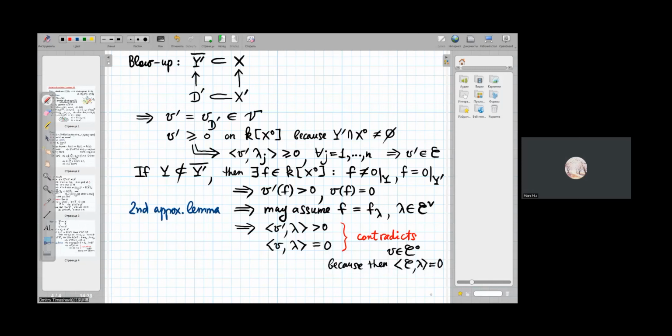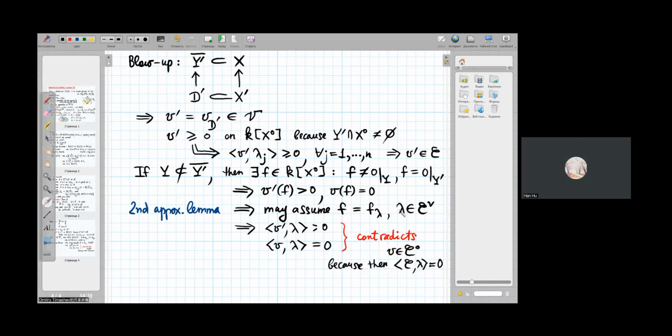Why? We have a single vector v in the interior of some cone, and we take a pairing with a vector in the dual cone.